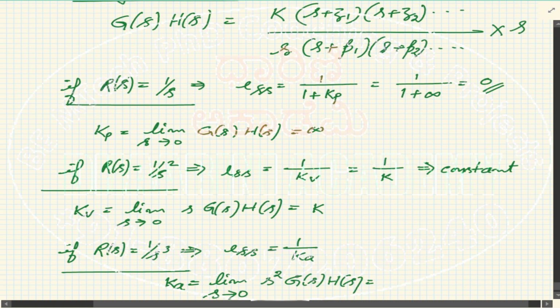When I multiply this with s square, one of the s will get cancelled, one s still remains, and that s is 0. So G into H becomes equal to 0. So as s tends to 0, this is 0, so it is 1 divided by 0. That's why it is infinity. So you have infinite error in a type 1 system when the input is parabolic.